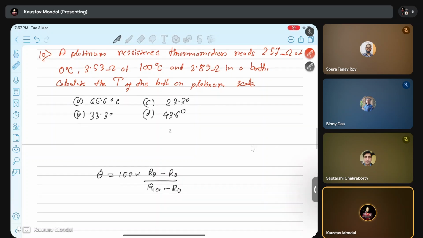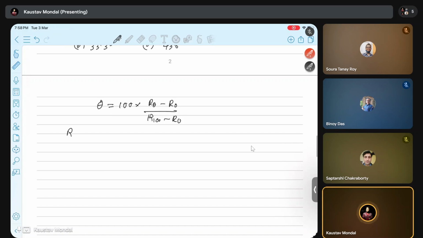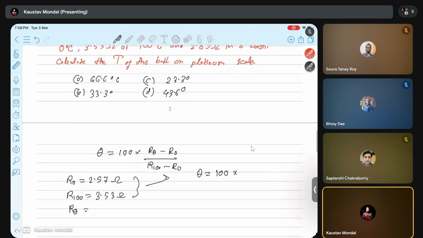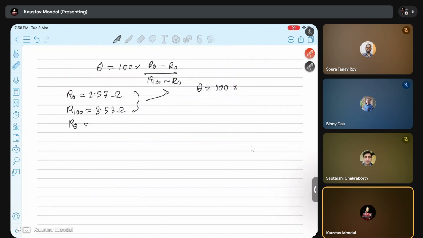Here R0 is 2.57 ohm, R100 is 3.53 ohm. So just substitute this here. R theta is 2.89.